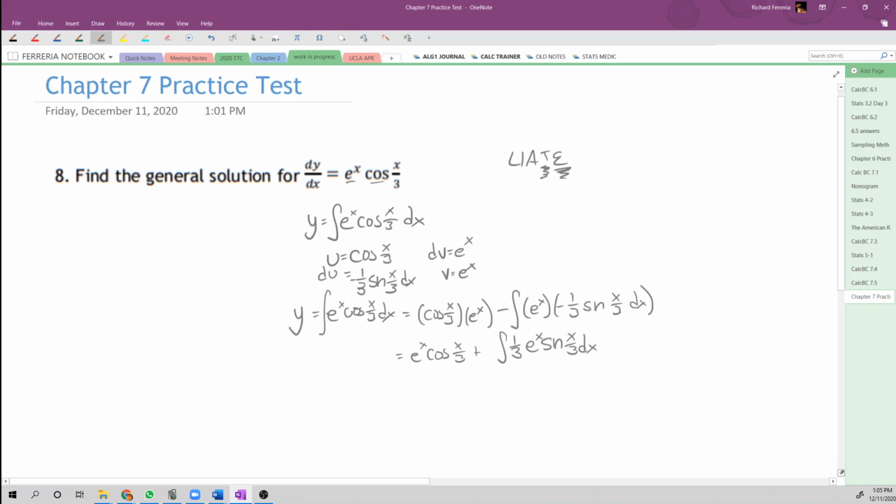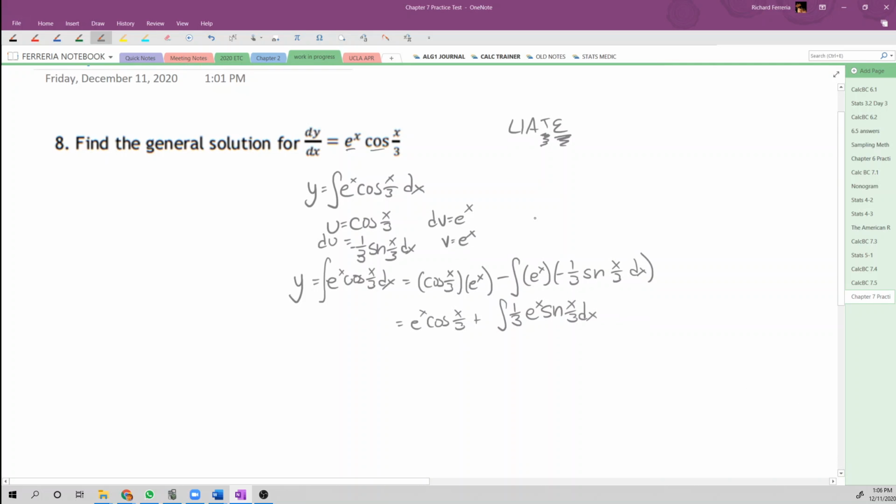And we do our integration by parts again. Same idea: LIATE, trigonometric function, exponential function. So u is going to be my trig function. Just to keep things easy, I like to keep that constant 1/3 with u. It's easier for my mind to deal with if the constant is with u. So let's make sure we got all the pieces here.